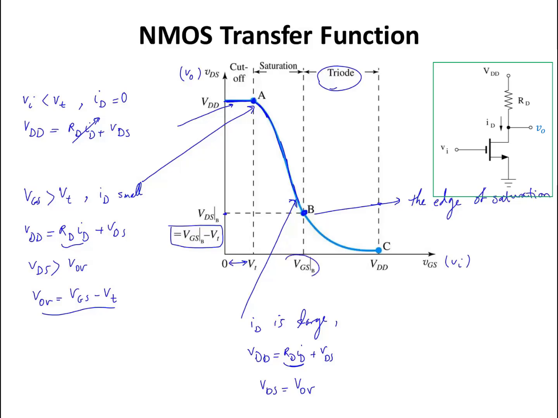For VGS values less than this point B, the transistor is going to operate in the saturation region, provided that VGS is greater than threshold voltage. For VGS values greater than this value, the transistor is going to operate in the triode mode. And that's the transfer function for the MOSFET in the given circuit.